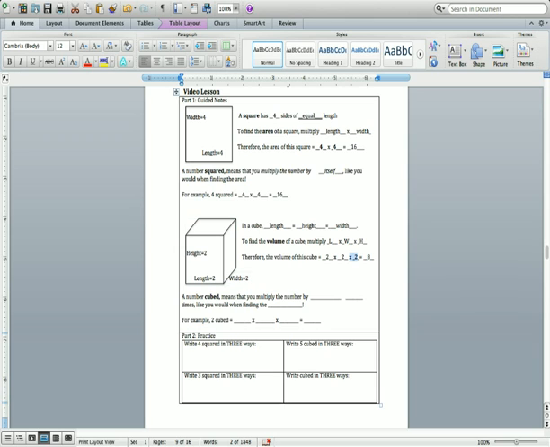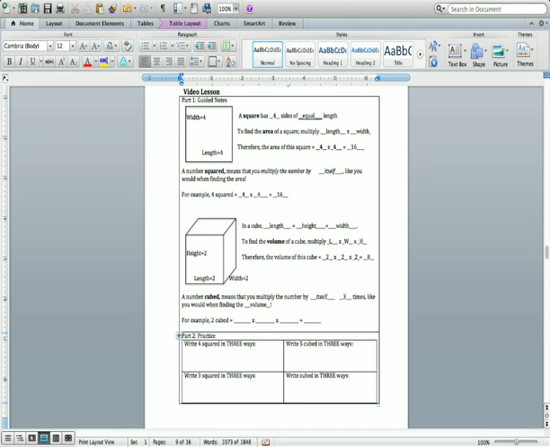Okay, so a number cubed means that you multiply the number by itself, not just 2 times. How many times did we multiply 2 by itself? Yeah, we did it 3 times, like you would when finding the volume of a cube.